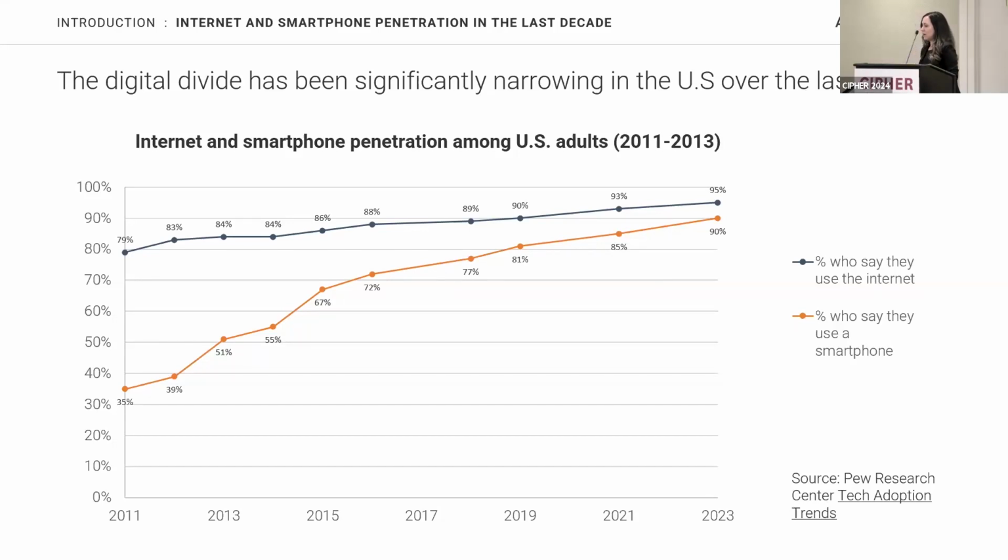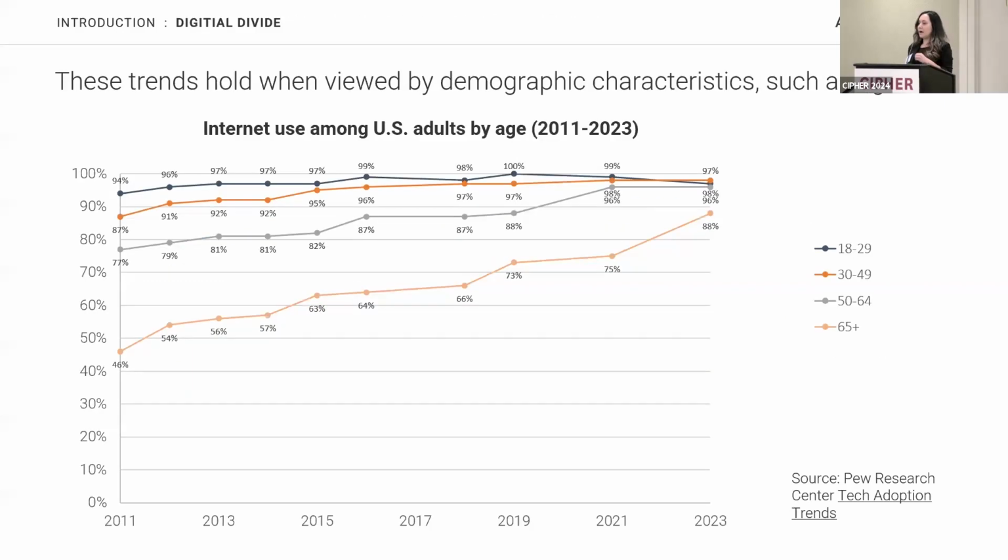So based on Pew Research Center's tech adoption trends, we see that the digital divide has been significantly narrowing in the US over the last decade, in terms of both internet penetration and smartphone use. We see these trends hold when sliced by various demographic characteristics. Here I only present age because it's the most drastic and dramatic trend that is narrowing.